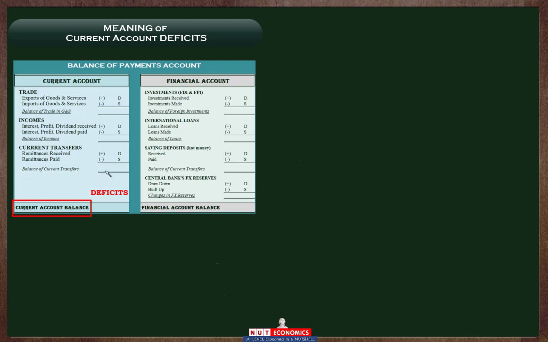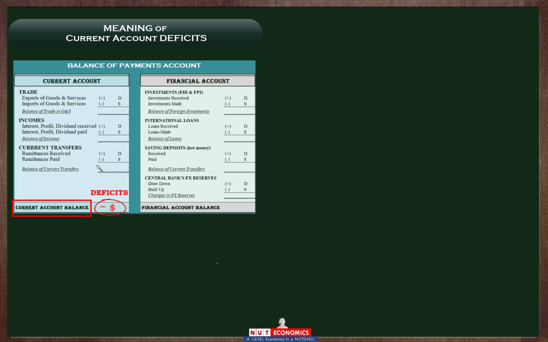And therefore, if you add all of these outflows with inflows of the current account, the overall answer, the balance that you will get, will be a negative number, and that is where we say that the current account is in a deficit. This minus sign reflects that net there is an overall outflow of dollars from the current account. Now that is what we already know.